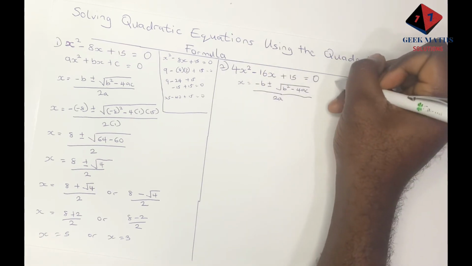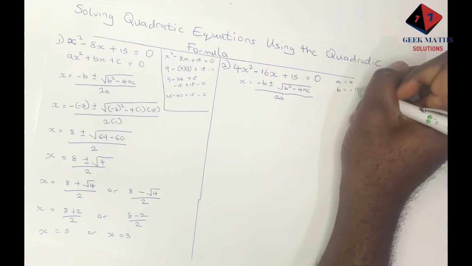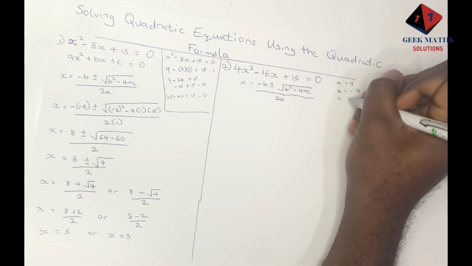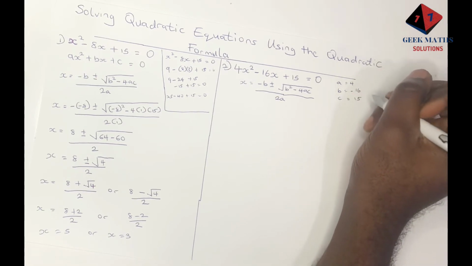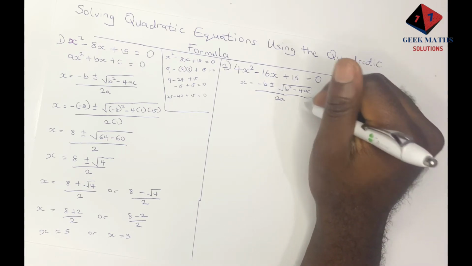So a is equal to 4, b is equal to minus 16, and c is equal to 15.